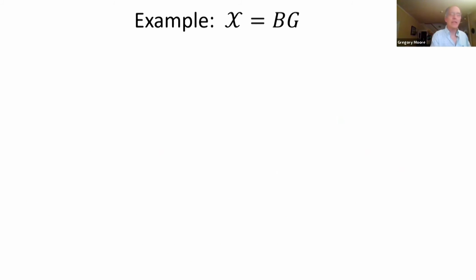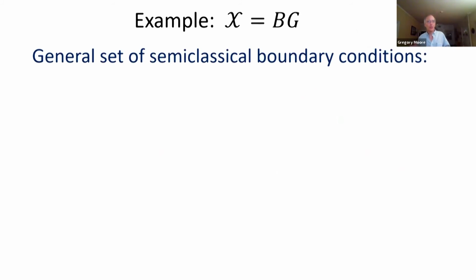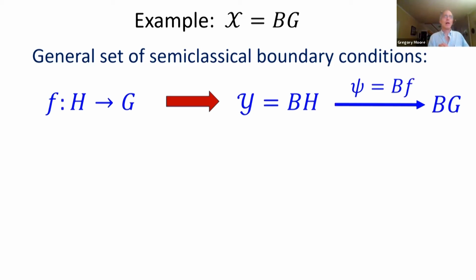So, for example, sticking with BG, the general set of semi-classical boundary theories, I said conditions, but it's really better to think of them as boundary theories, is given by the data of a homomorphism from H to G. So given a homomorphism f from H to G, my space Y in my semi-classical defect data would be BH, and psi is the induced map Bf from the homomorphism f.